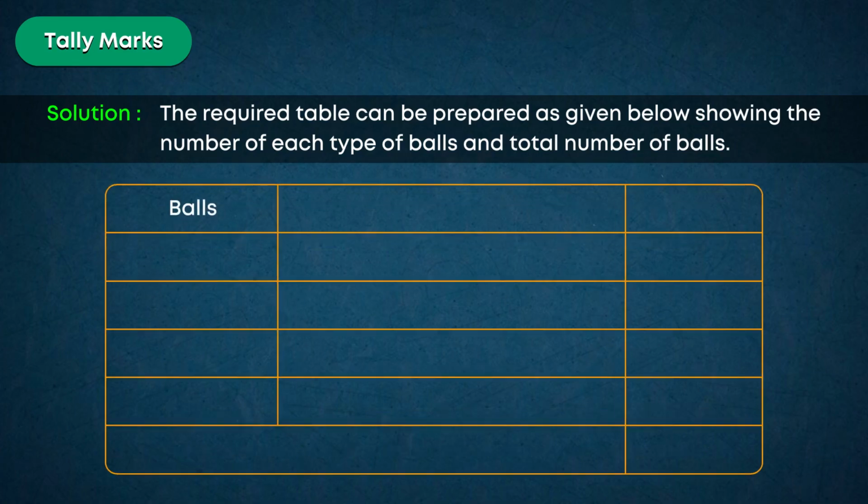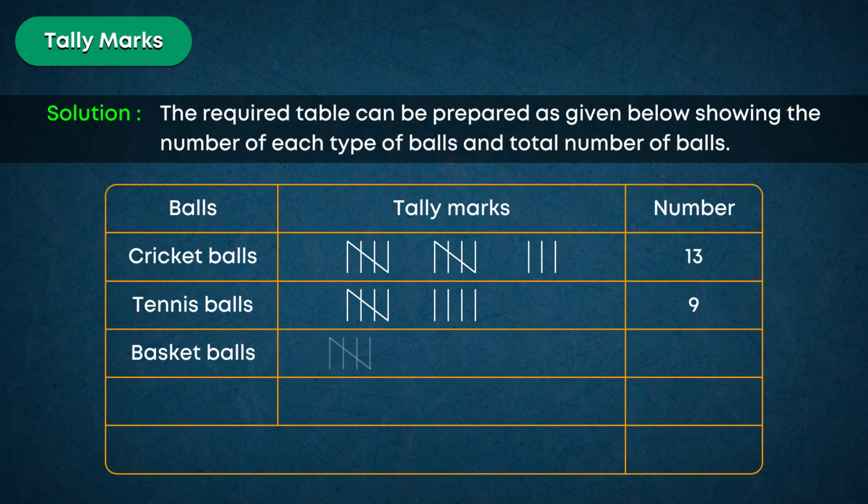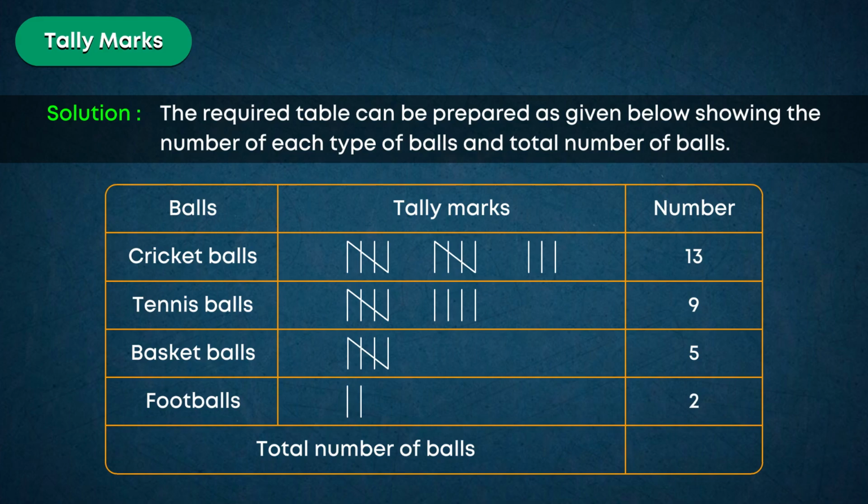Balls, tally marks, number. Cricket balls 13. Tennis balls 9. Basketballs 5. Footballs 2. Total number of balls 13 plus 9 plus 5 plus 2 is equal to 29.